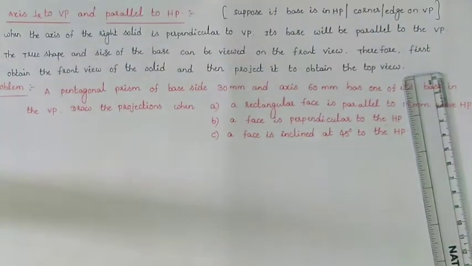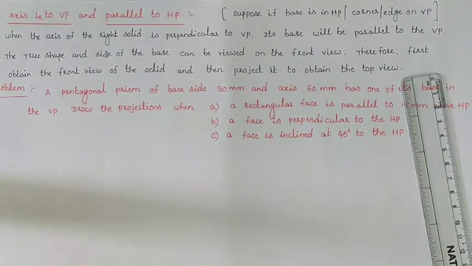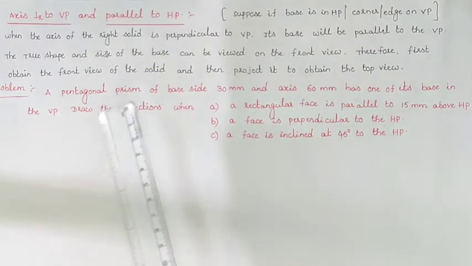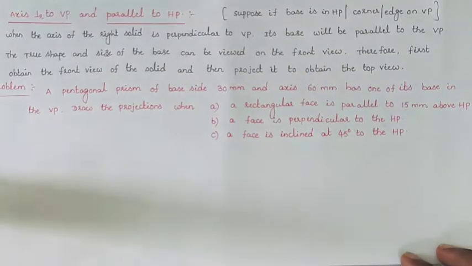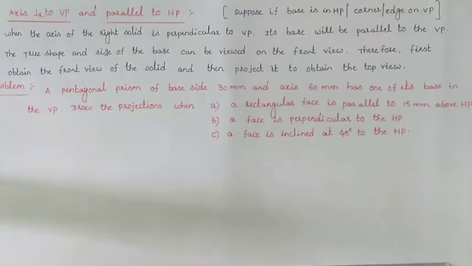After drawing the front view, we will draw the top view of our diagram. When the axis of the right solid is perpendicular to the VP, its base will be parallel to the VP. This is the position.